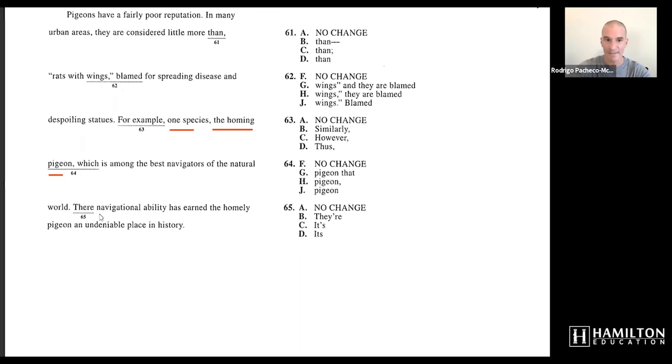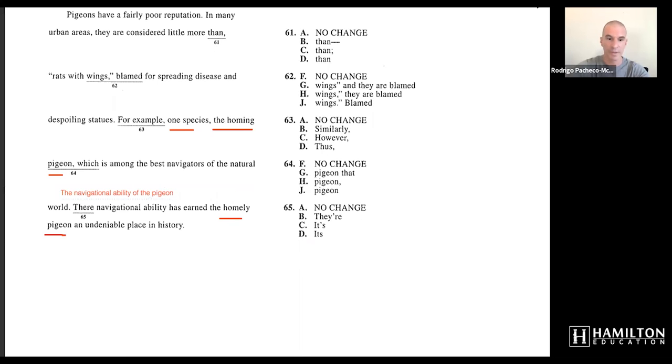So the next sentence, blank navigational ability has earned the homing pigeon, again, we're talking about the pigeon, an undeniable place in history. So what we need here is a possessive pronoun. And we know we need a possessive pronoun because we're talking about the navigational ability of the pigeon.